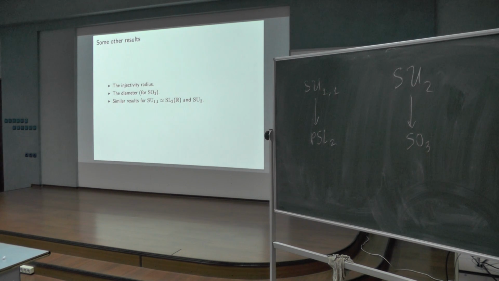I have some other results on the injectivity radius and the diameter, but there are 4 different cases depending on the parameter eta, and I don't know yet the meaning of the critical values of the parameters.